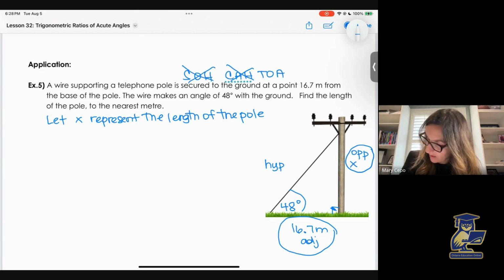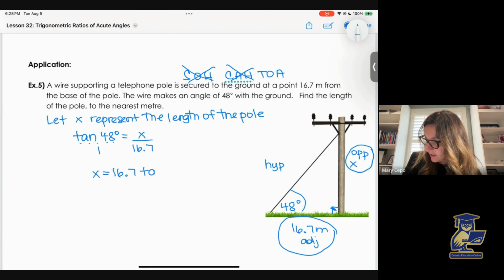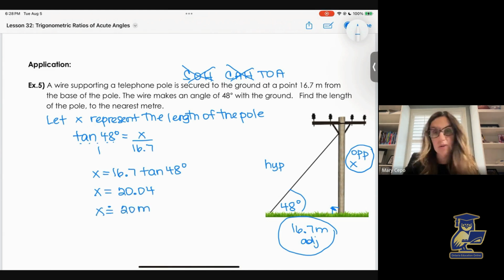So stating our trig ratios, we know tan followed by the angle, which is 48 degrees, is equal to the opposite side, which is x, over the adjacent side, which is 16.7. Cross multiplying, 1 times x is equal to 16.7 times tan 48 degrees. Putting that into our calculators, x is going to equal 20.04, but we're rounding to the nearest meter, so that is rounded to 20 meters.